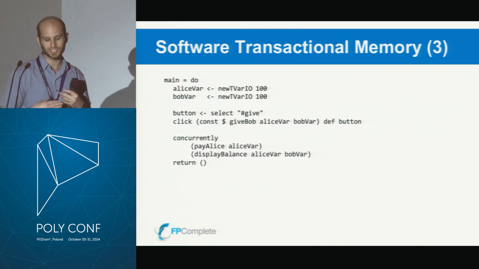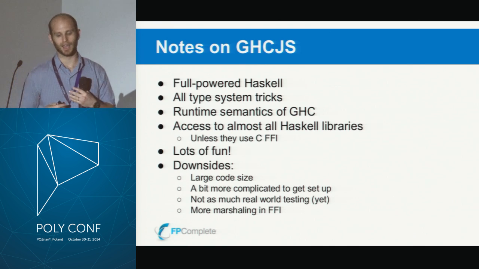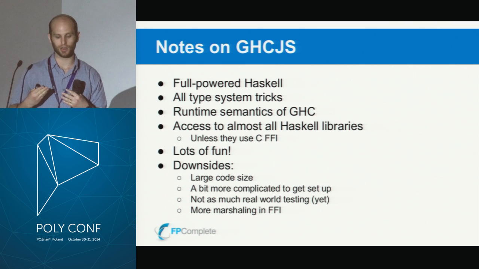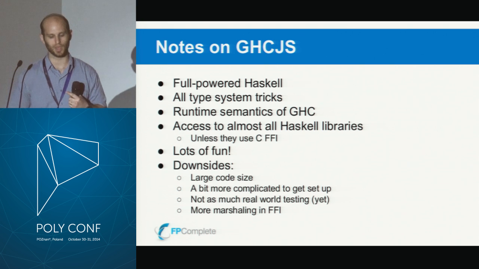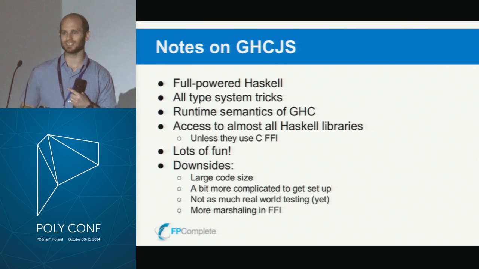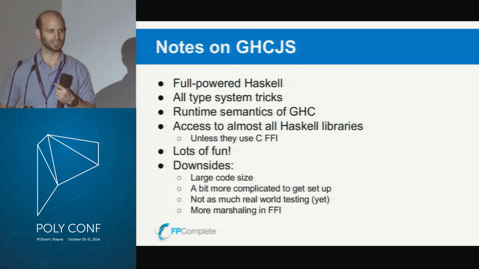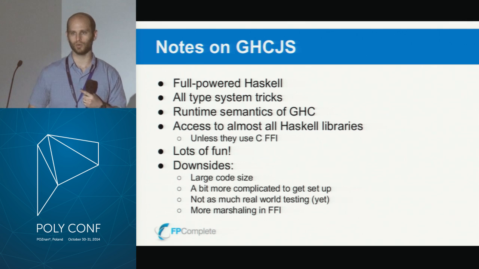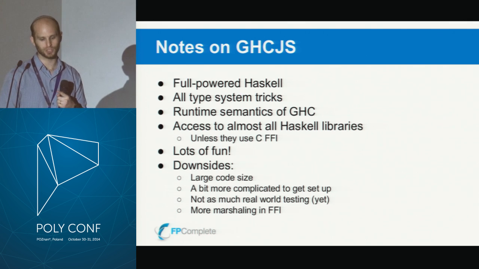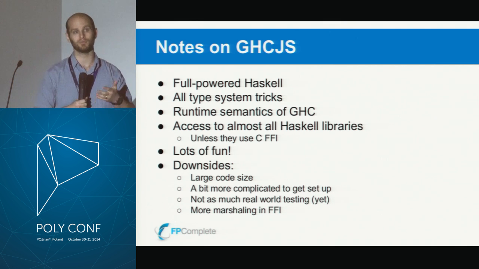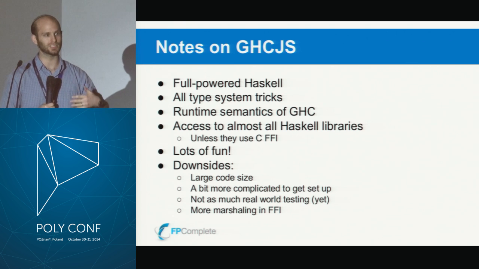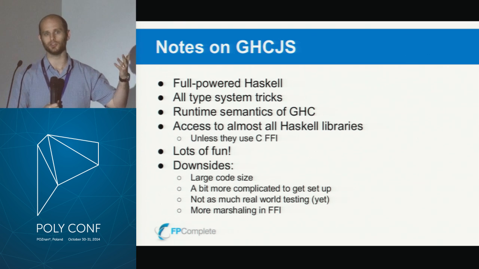So, more things in general about GHCJS. Full-powered Haskell, like I said, both in the type system and the runtime system. You can access basically any library that exists today for server-side code, which is kind of magical. So the debounce example that I gave you, originally this slide actually used code that's used in my web server to debounce grabbing new date values.